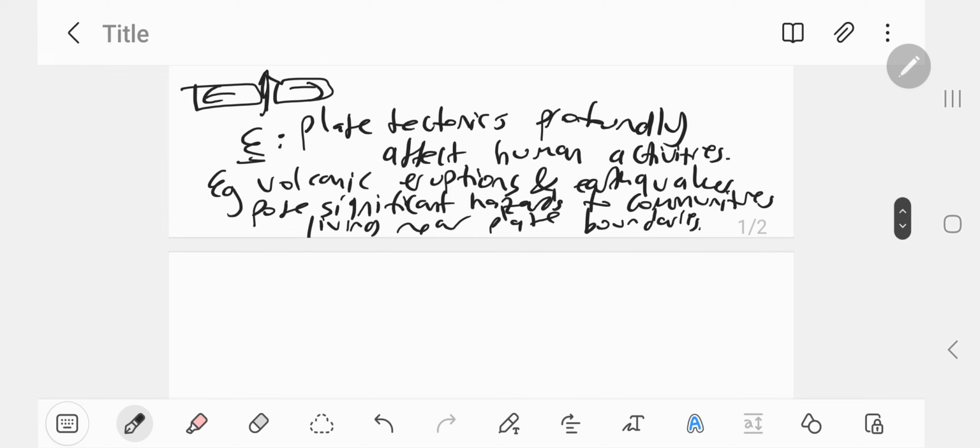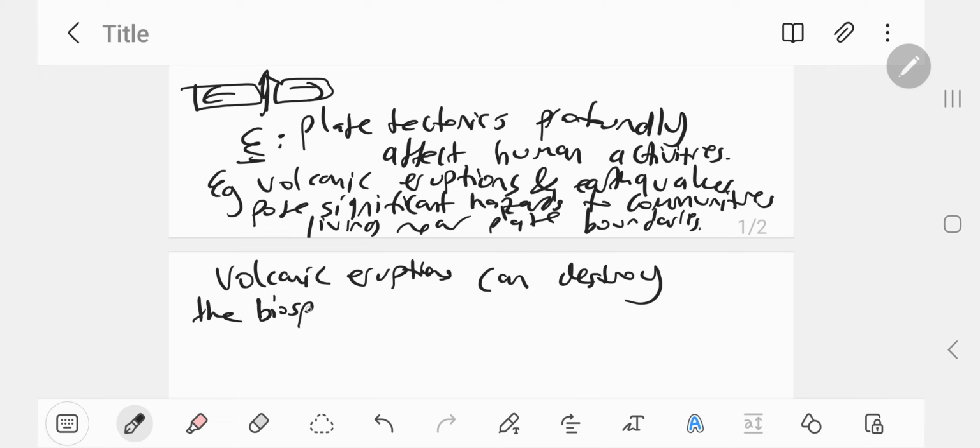You can write volcanic eruptions can destroy the biosphere. The biosphere is a region on the earth where living forms are found, where life is, humans, plants, trees, all that sort of stuff.